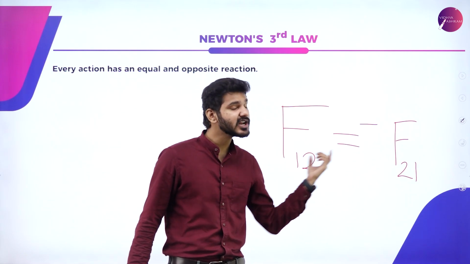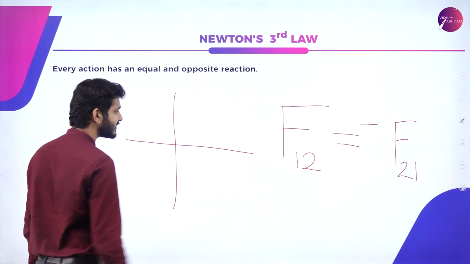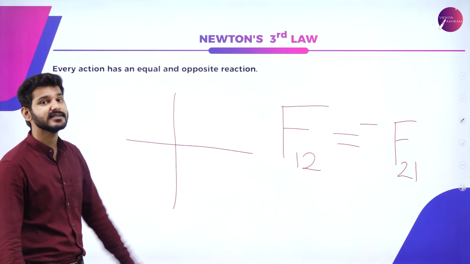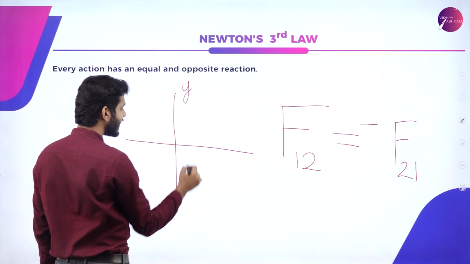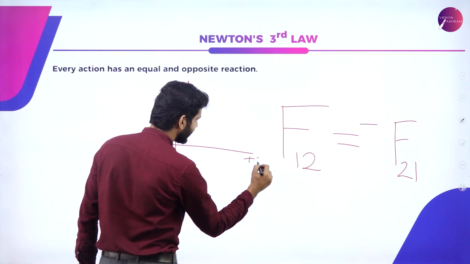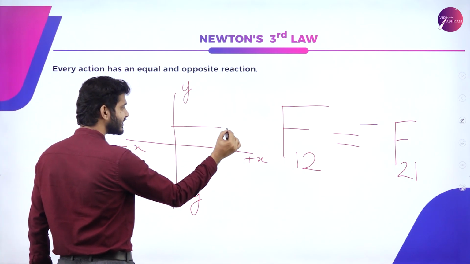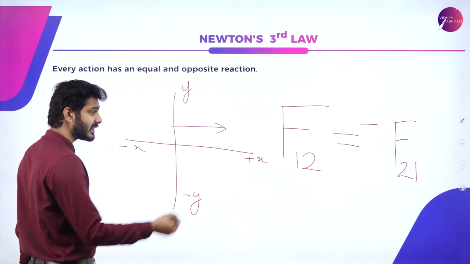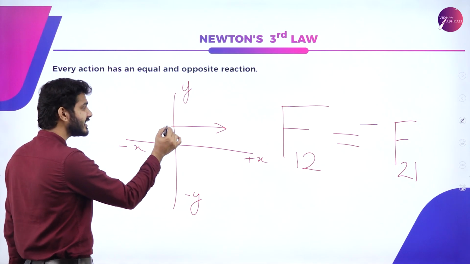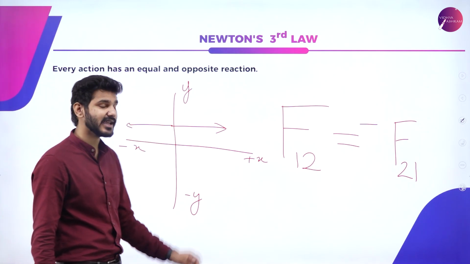And the sense of direction comes from, again, we learned in the first, second and third chapters that there is x, y and z axes. So this is y, this is negative y, this is negative x, and this is positive x. So again, if I am exerting a force in this particular direction, then the equal amount of force is being exerted in the opposite direction. That is why there is a negative sign.